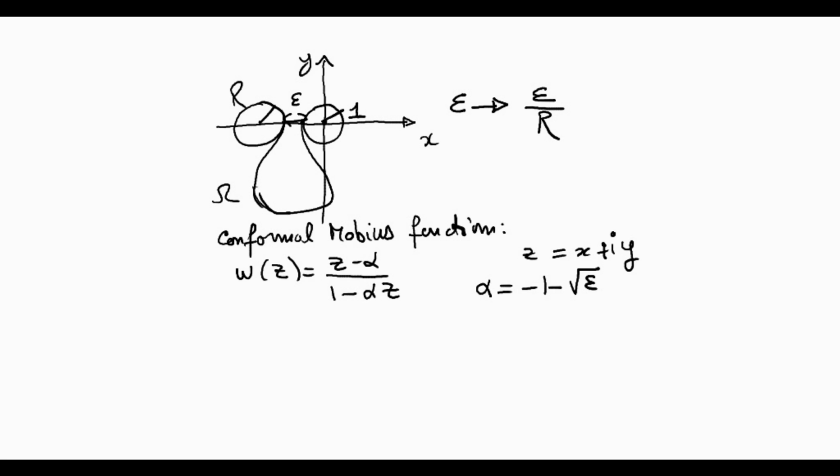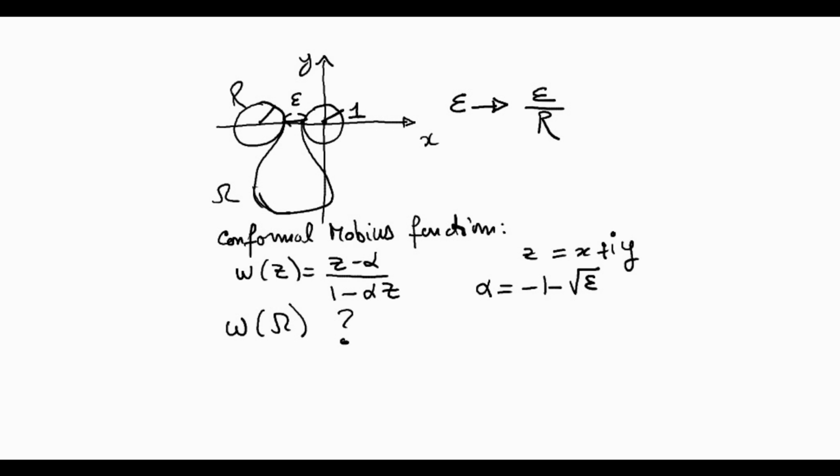And now the question is how the domain omega is mapped by this function. So what is w of omega? What does it look like?